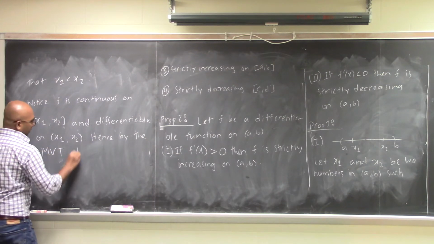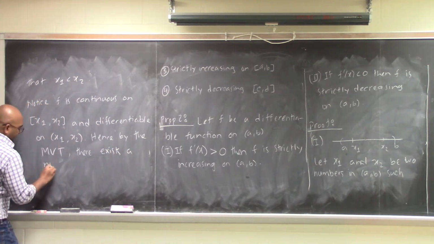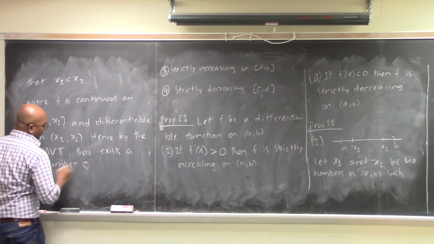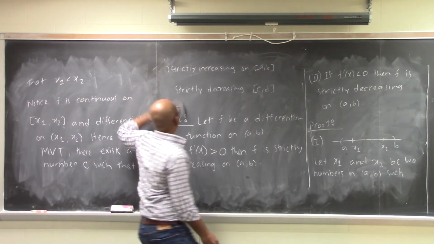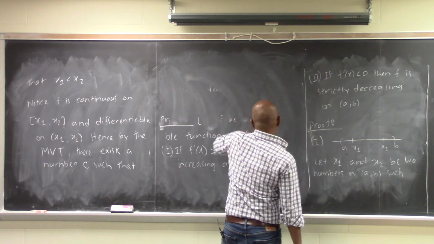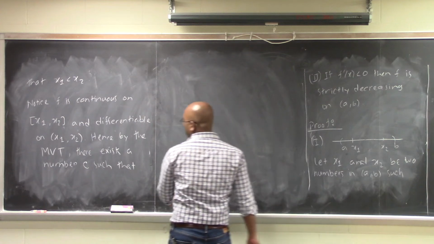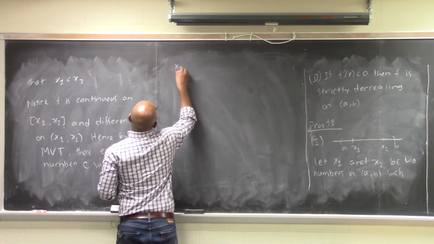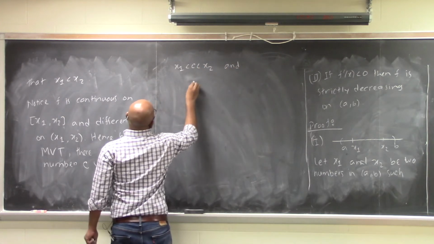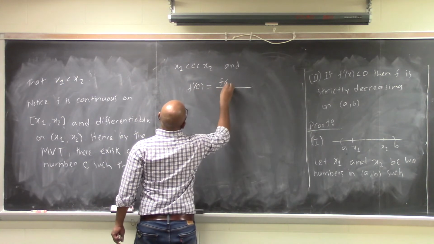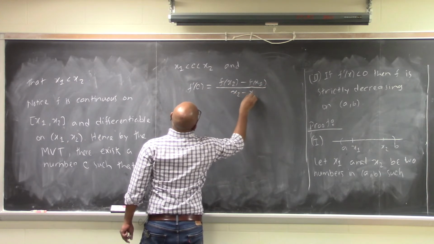and by that theorem there exists a number c such that c is coming from that open interval x1 to x2, and f prime of c equals the slope of the chord, such that c is between x1 and x2, and f prime of c equals f of x2 minus f of x1 over x2 minus x1.